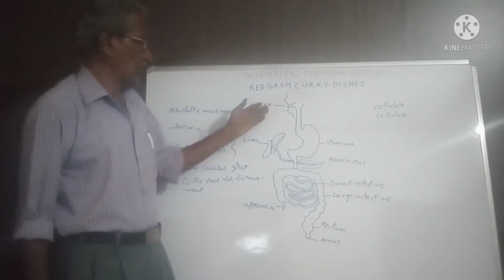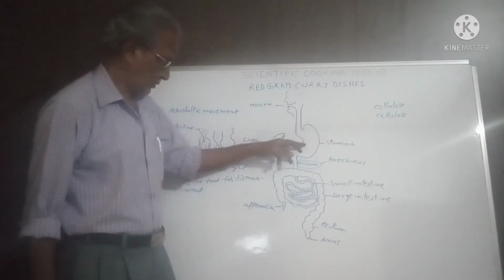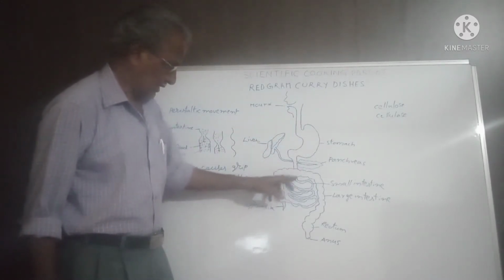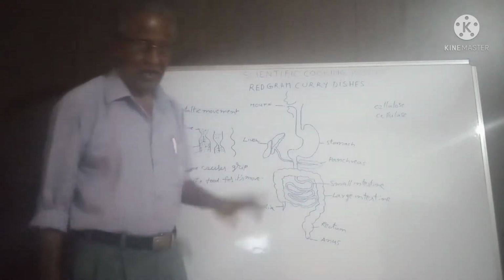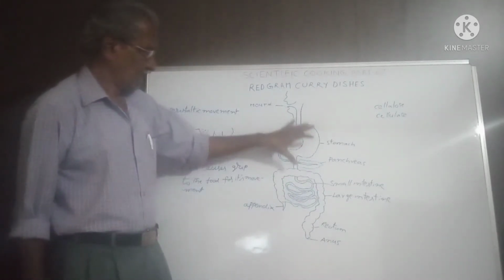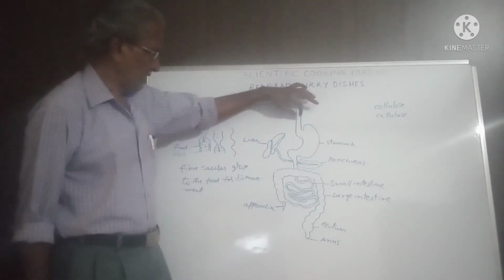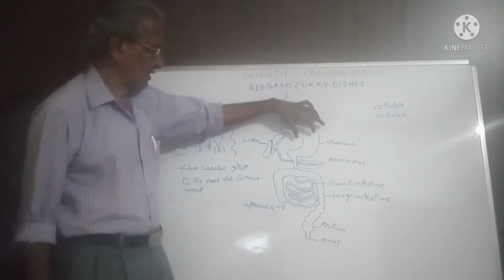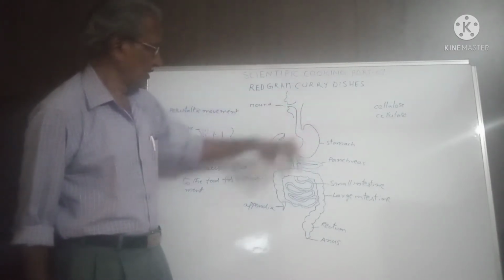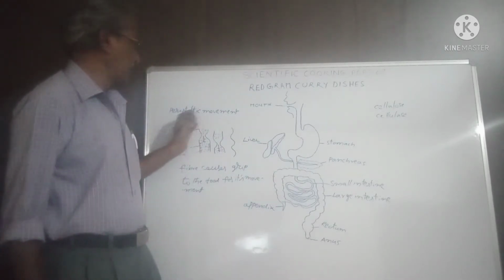Food that we have taken travels from mouth to anus. In this process, the walls of the intestine, the muscles of the intestine, have peristaltic movement.